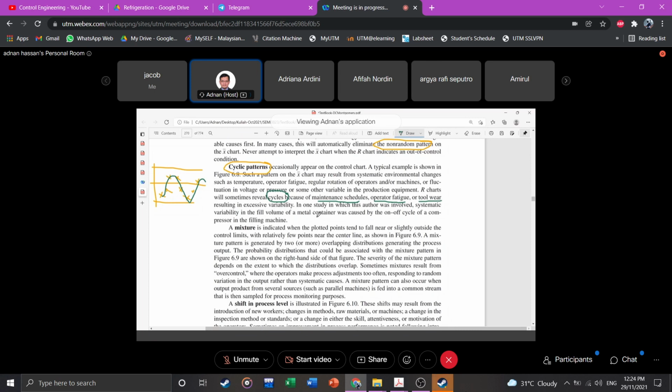Systematic variability, for example, maybe due to an on-off cycle. Sometimes the cycle is in a good situation, sometimes it is out of the regular setting, so it's going to show cyclic. Or it can also be cyclic due to temperature change.